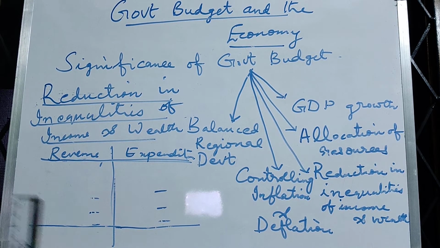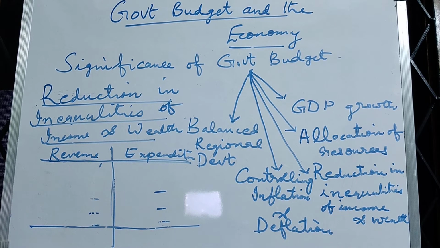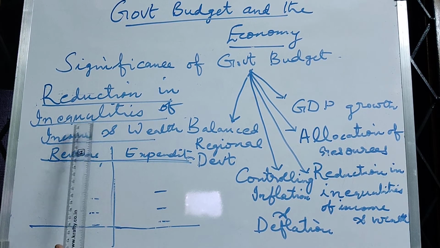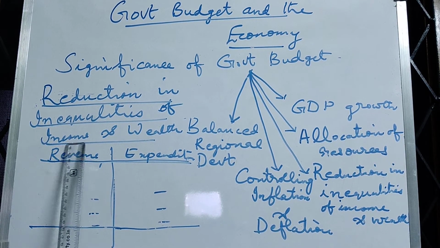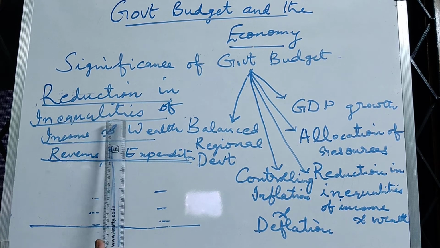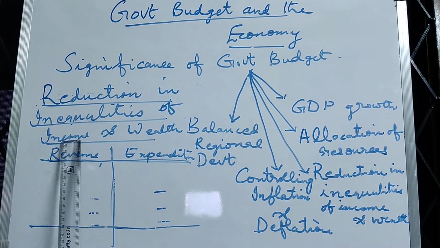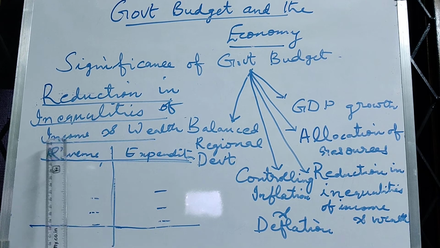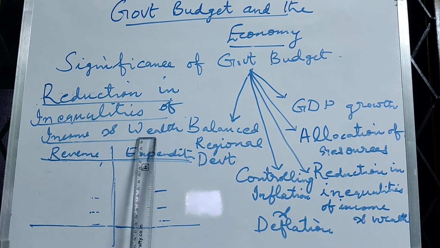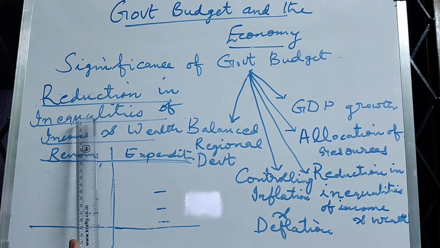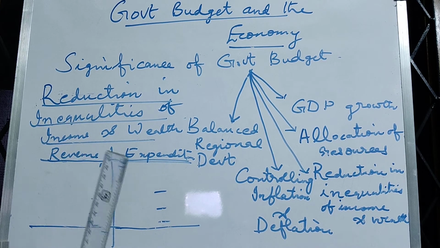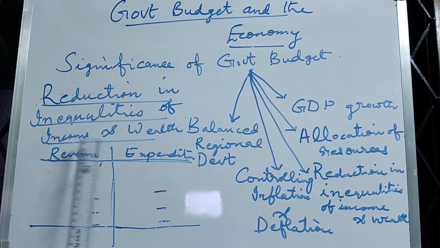This situation is known as inequalities of income and wealth. Inequality means not equal. With respect to income and wealth, the people are not equal. So, there is a very high difference between the people with regard to income and wealth.